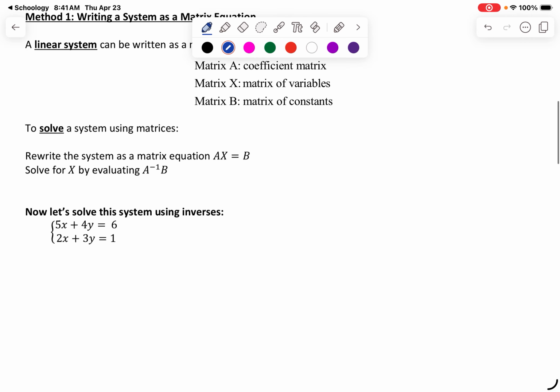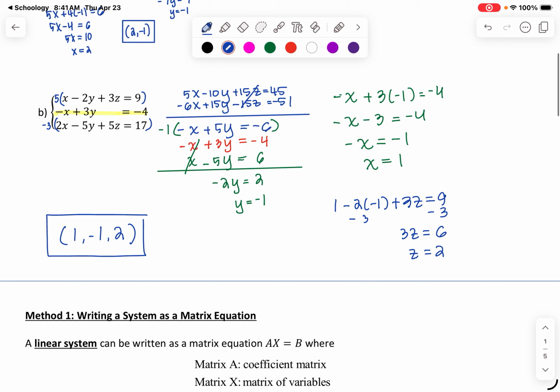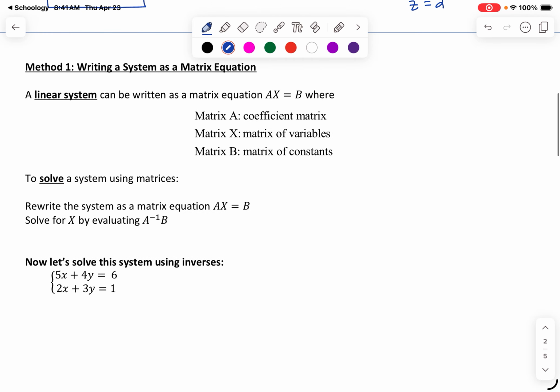It's up to you. All right, so let's just do this and show that we get the exact same answer, (2, -1). Okay, so how you're going to do this using inverses is that you're going to create 3 matrices. A linear system with 2 variables or 3 variables or 4 variables can be rewritten using the matrix equation AX equals B, where A is the coefficient matrix, X is the variable matrix, and B is the matrix of constants.